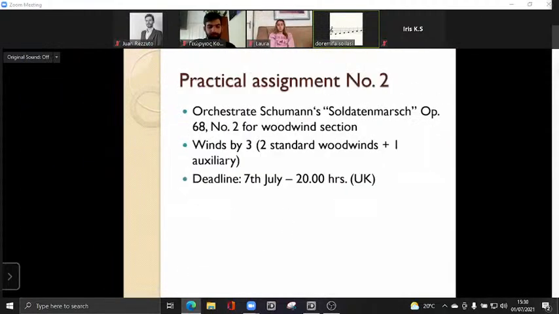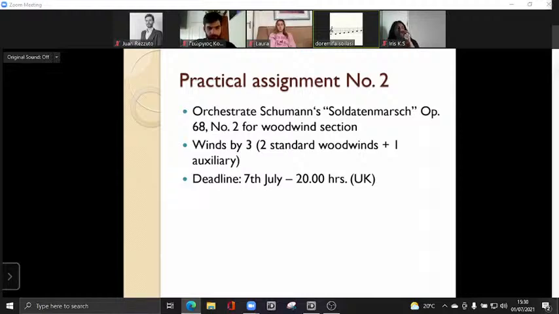And well, now let's see the practical assignments. You have to orchestrate the Schumann piece titled Soldatenmarsch, that means March of the Soldier, for the woodwind section. You have to use winds by 3, that means that you have to use 3 of each instrument.